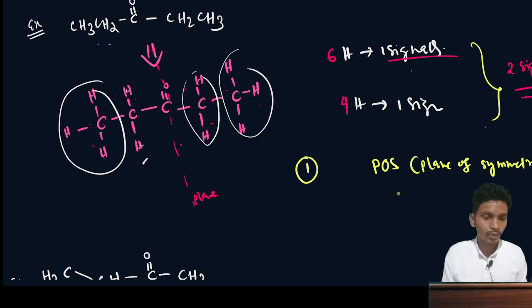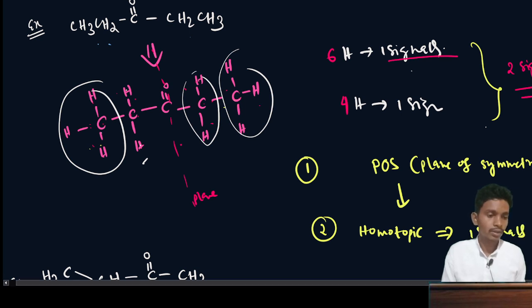After this, what do we look at? Homotopic. Homotopic always gives 1 signal, because it is not affected by an asymmetric center or a chiral center. Okay, this you will look at.